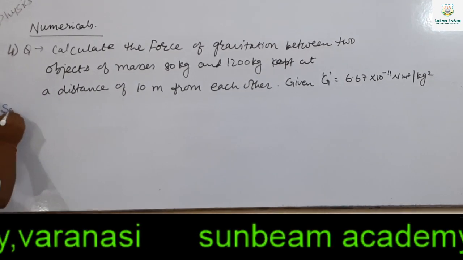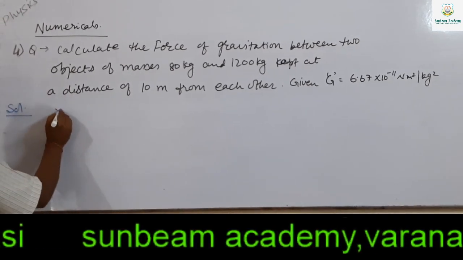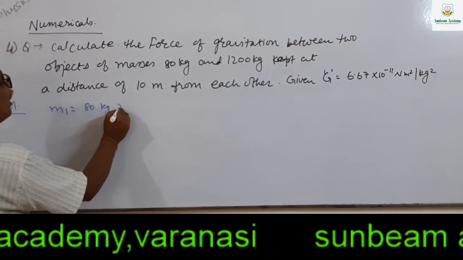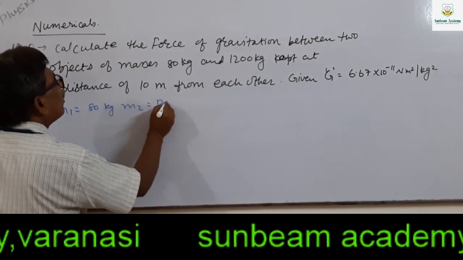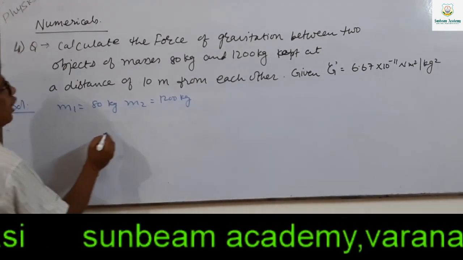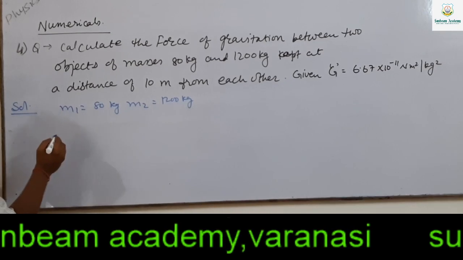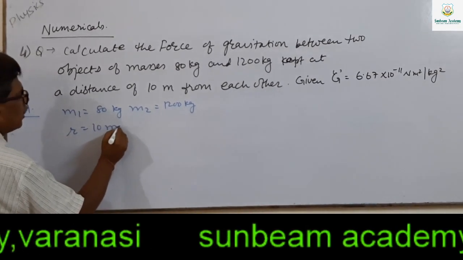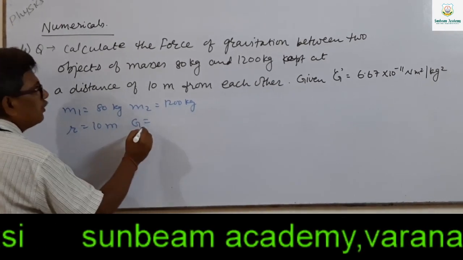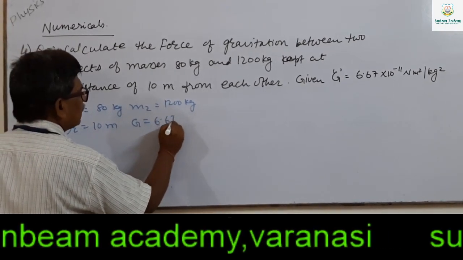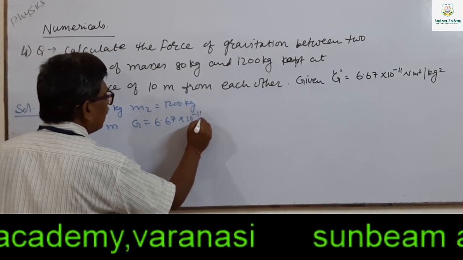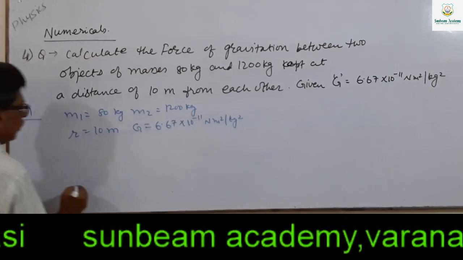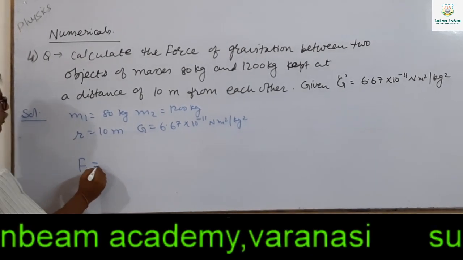Here M1 is given 80 kg, M2 is given 1200 kg, distance R is given 10 meter and capital G is given 6.67 into 10 to the power minus 11 Newton meter square per kg square. Now we have to calculate the force of gravitation.